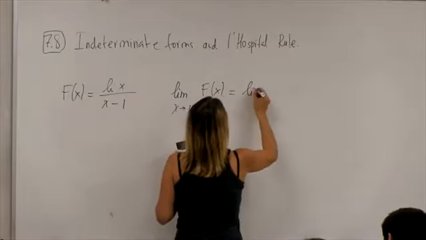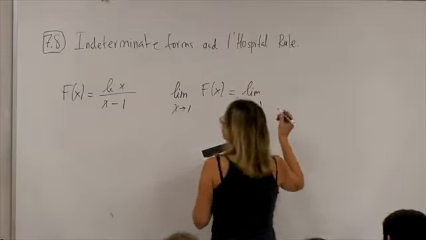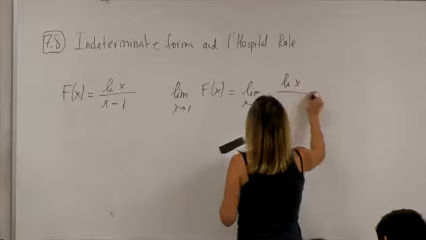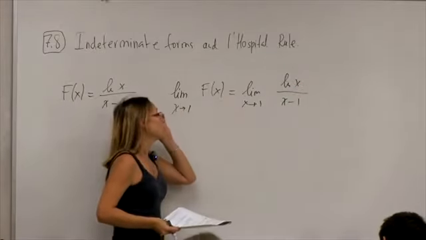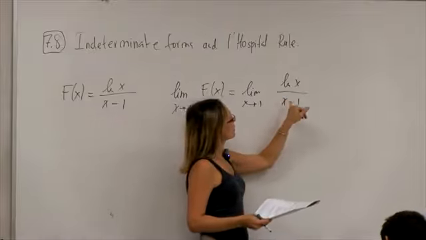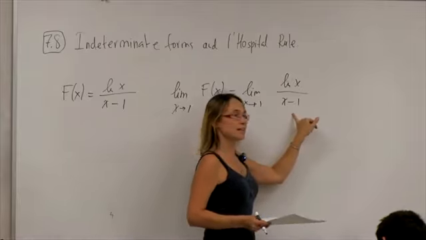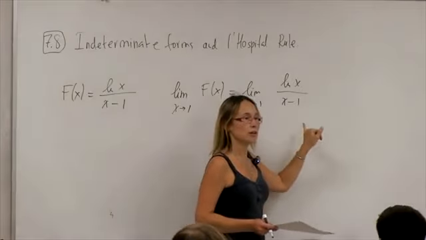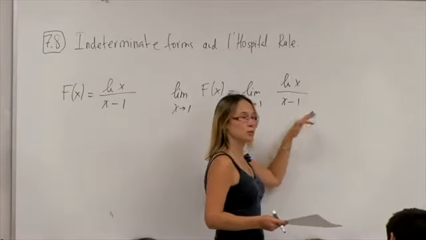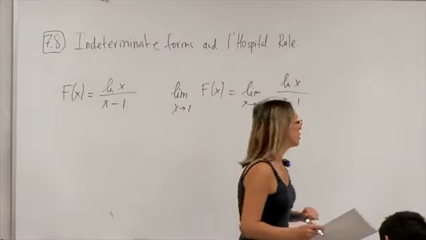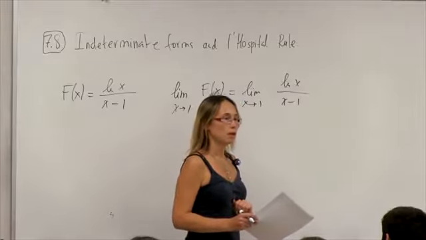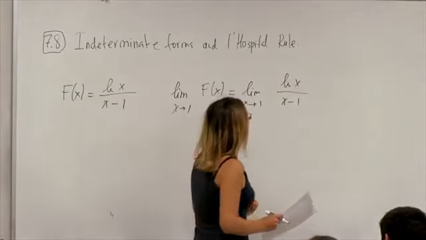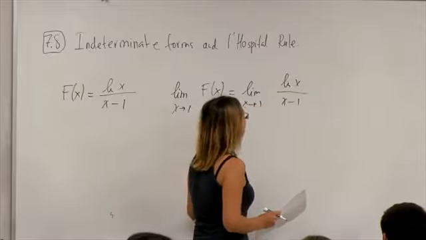So it's the limit as x goes to 1 of log x divided by x minus 1. You can see that when x is equal to 1, this function is not defined, because the denominator simply turns into 0. What happens to the numerator at 1? It also turns to 0. So it's a very strange limit.